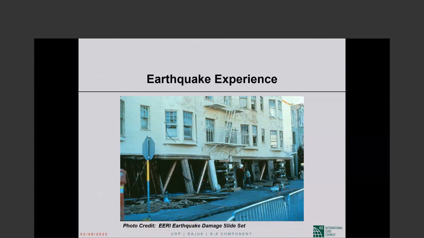When cars came, people got openings in the ground story to have garages. The garages were created by removing walls after the buildings had been constructed, and that produced soft stories. And these buildings with soft stories did not do well at all in the Loma Prieta earthquake, as you would imagine. So the irregularity was the problem.